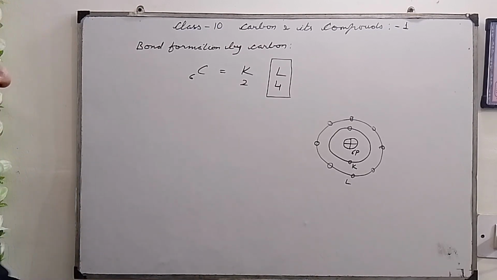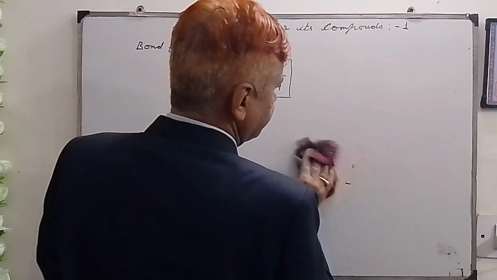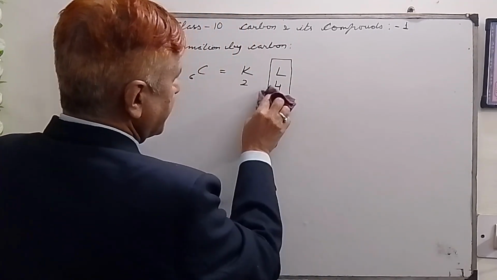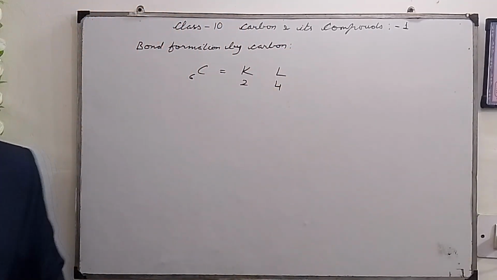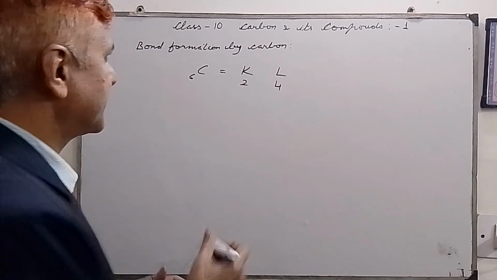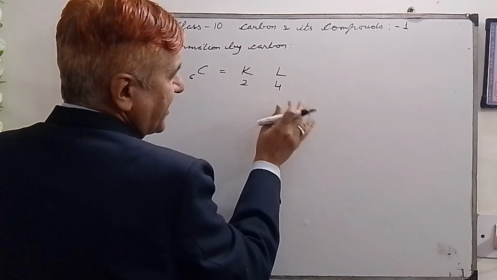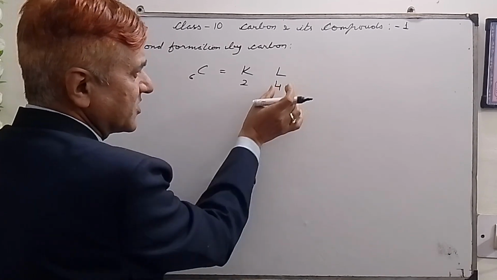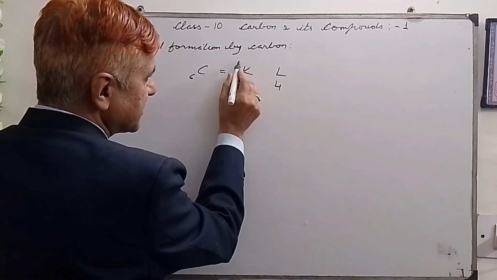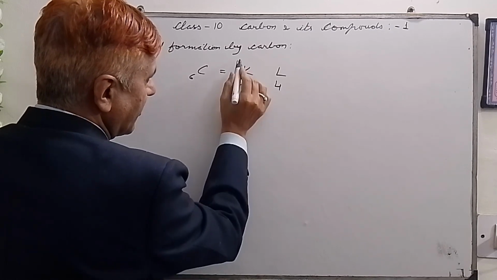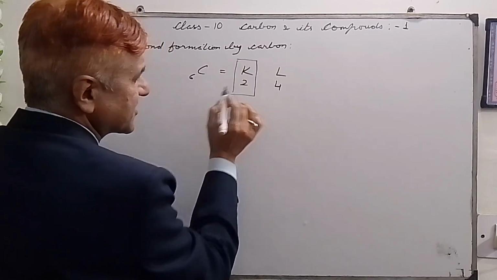Now the second option left with the carbon atom is that it gives 4 electrons. When it gives 4 electrons, the inner orbit will become the outermost shell, and this is completely filled.